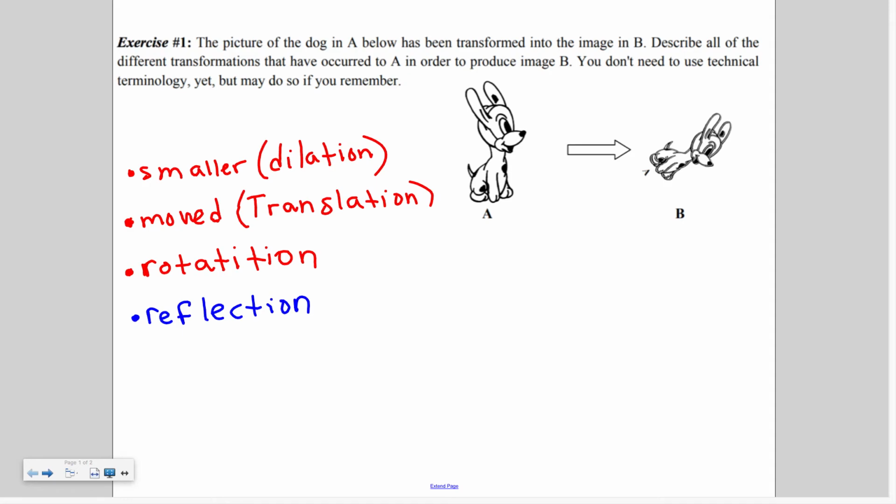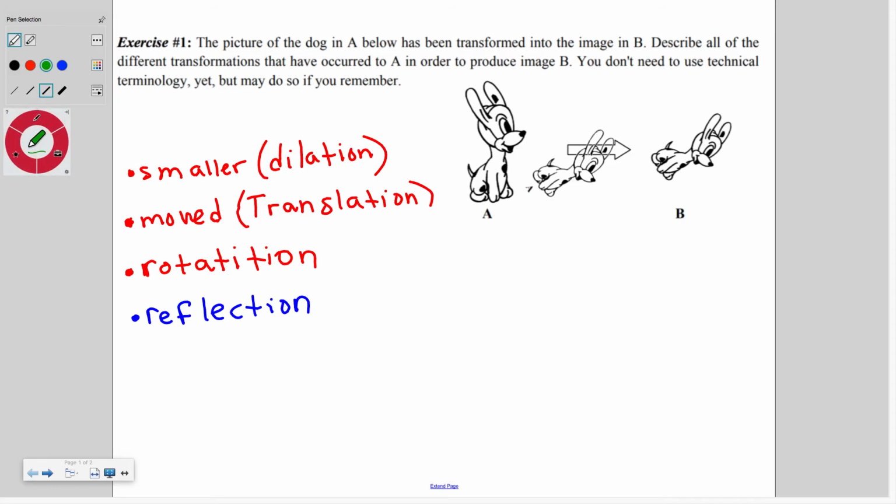Now, we're going to look at a dilation. I'm making something bigger or smaller, correct? So in this image here, I made my puppy smaller. How do I know how small to make it?